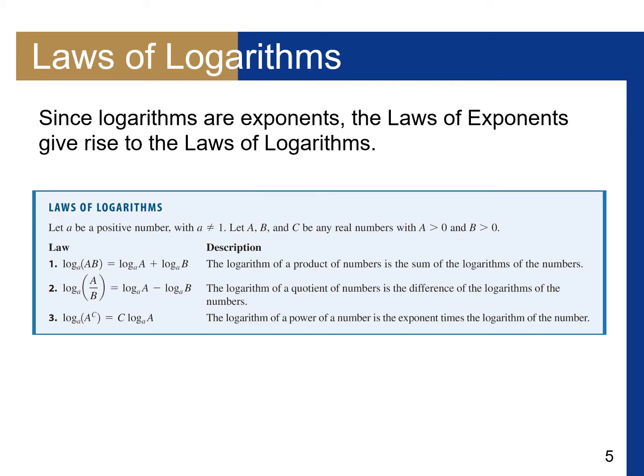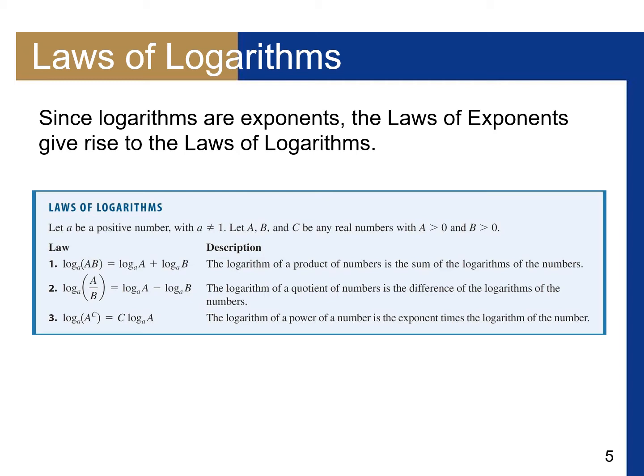Number one, if you take the log base a of a times b, you're adding the log base a of a plus the log base a of b. Just like you're adding exponents when you're multiplying the same base in the laws of exponents.